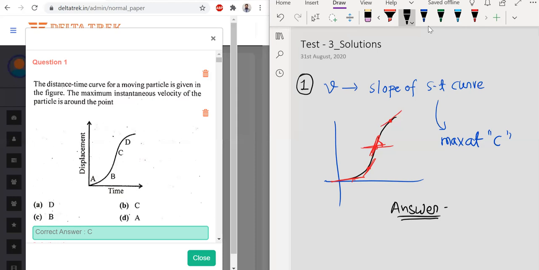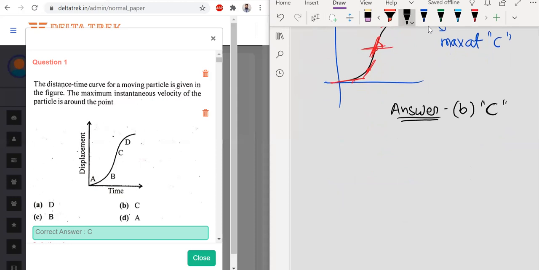The answer for this is B. Option number B says that C is correct. I'll change it, no problem.